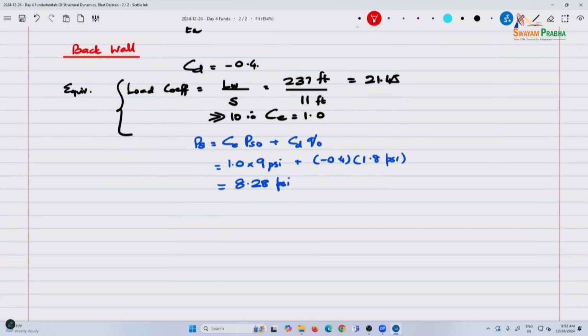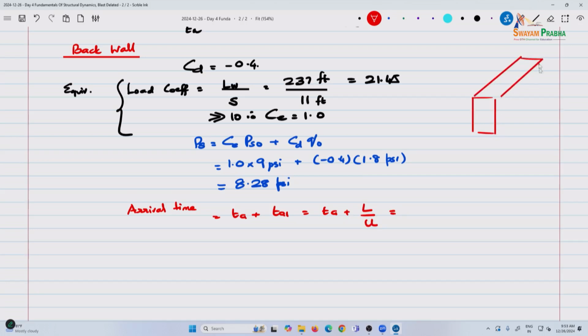Only difference between the back wall and the front wall is arrival time, which is TA plus TA1, which is TA plus L over U. Now, the building was 30 feet. So here that number, 30 feet, and the speed was 878 feet per second.